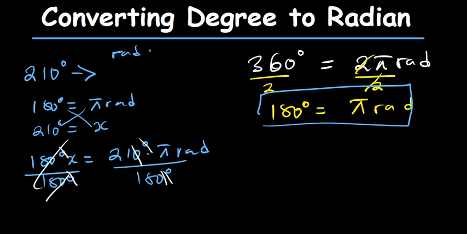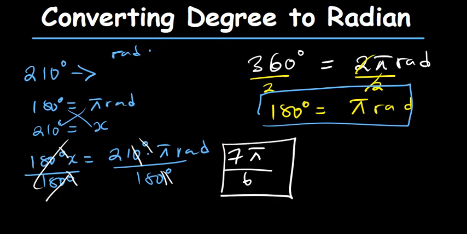So 3 into 21 is 7, so I've got 7 pi, and 3 into 18 is 6. So I've converted this from degrees to rad.